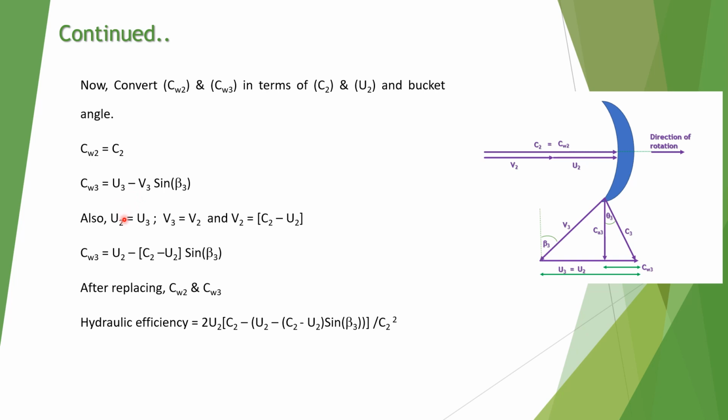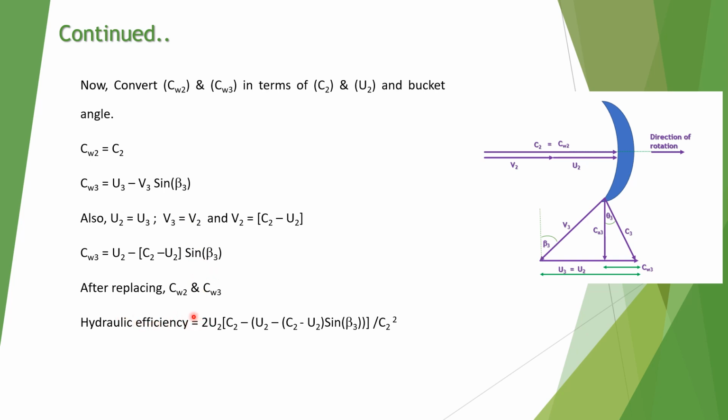But U2 is equal to U3, so you can replace U3 with U2, and V3 is equal to V2, but V2 is equal to C2 minus U2. So altogether we can write CW3 is equal to U2 minus (C2 minus U2) into sine beta 3.